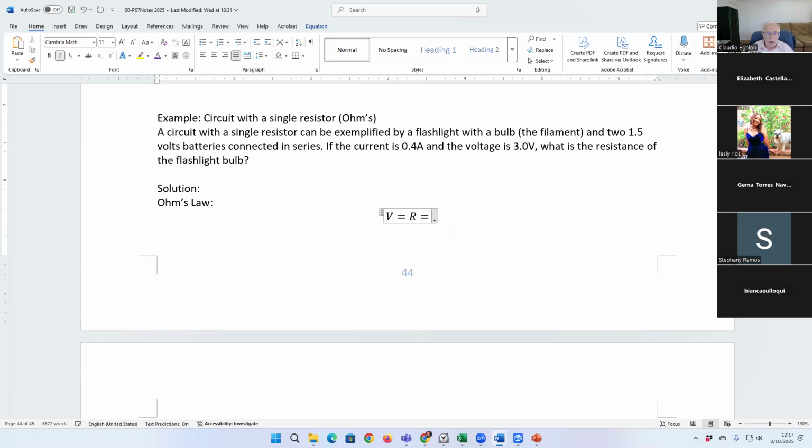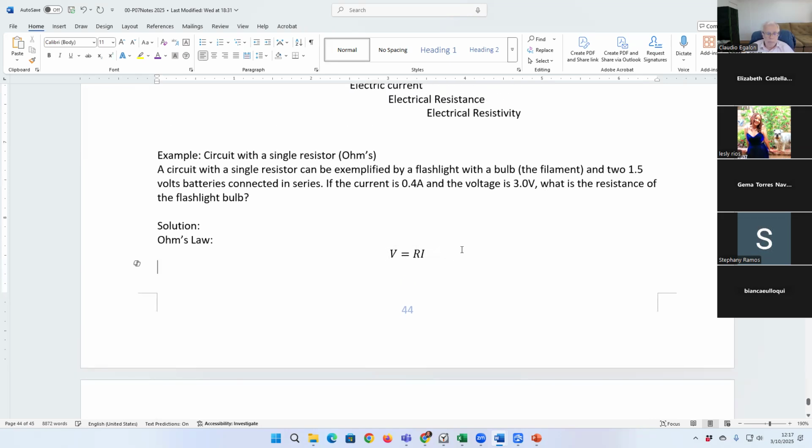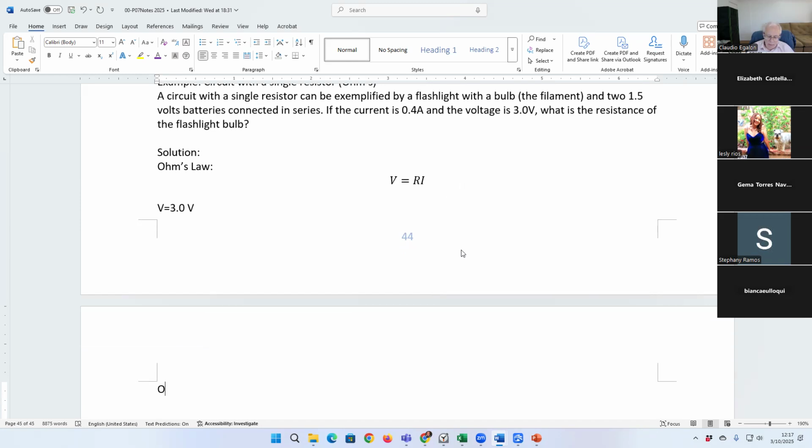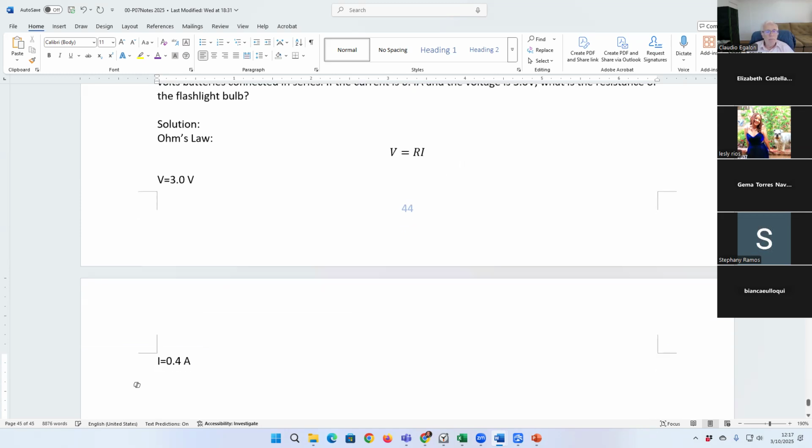You already know that V is 3 volts. You know that I is 0.4 amps. Substitute that above. Straightforward, right?